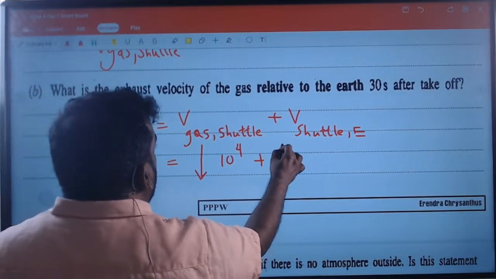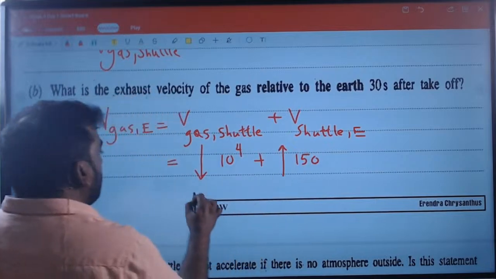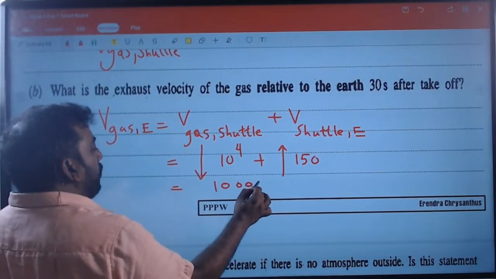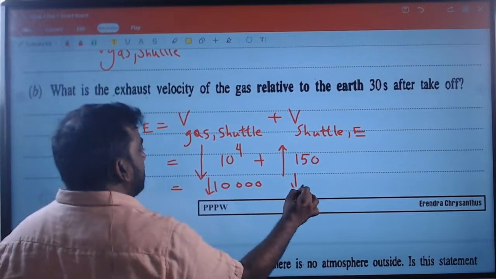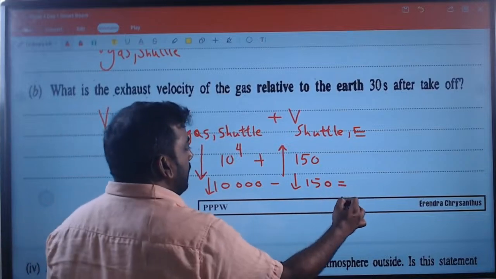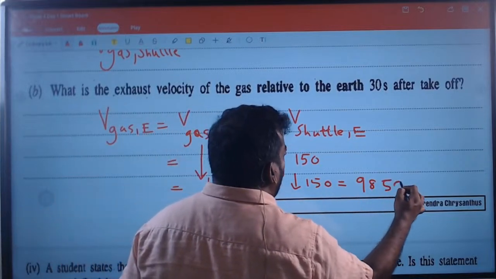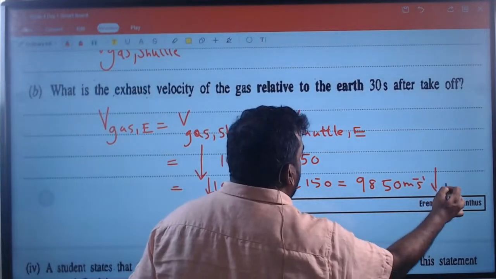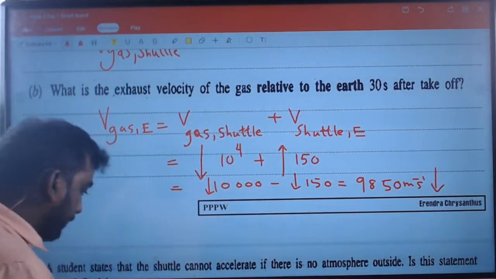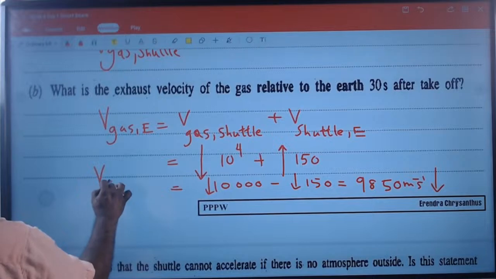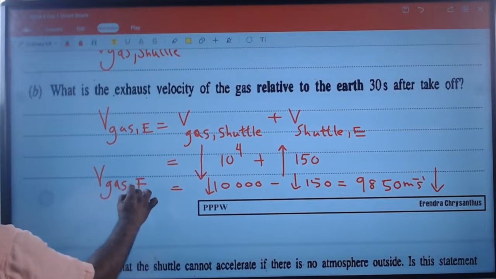Shuttle is going up, 150. 10,000 downwards, the shuttle upwards, so minus: 9,850 meters per second in the downward direction. That is the velocity of gas with respect to Earth.